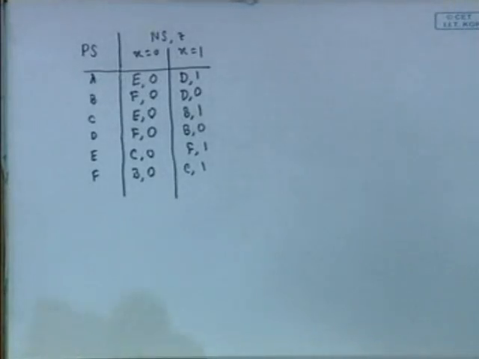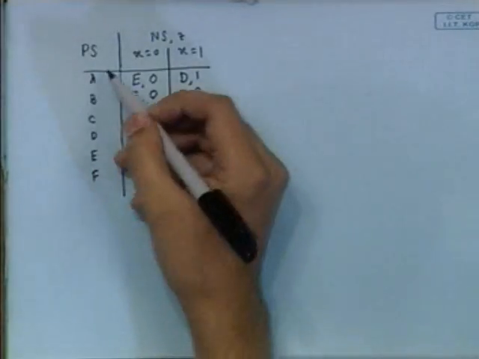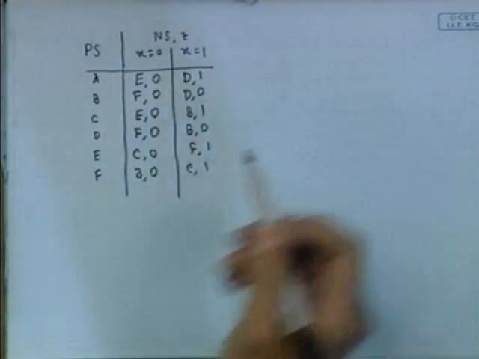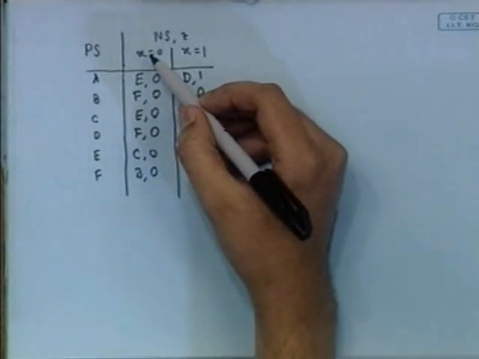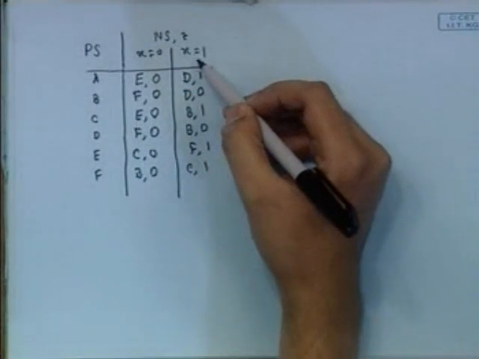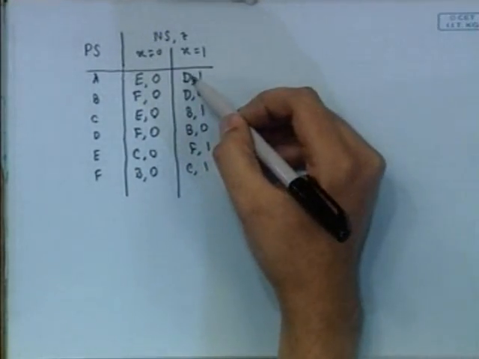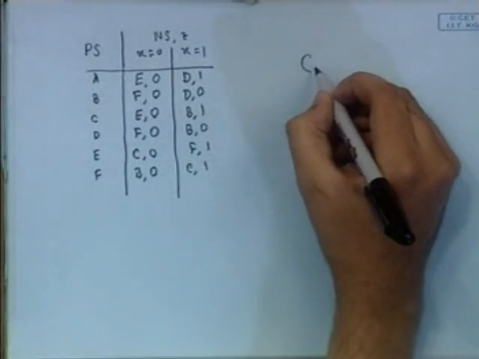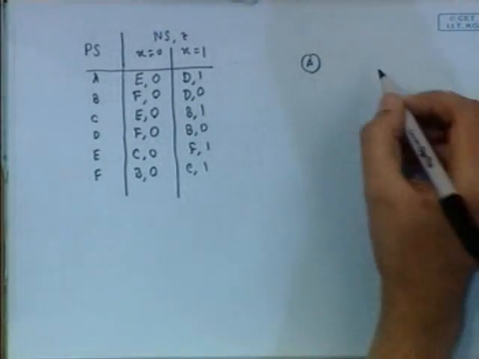This is a state machine where present states are denoted by this column, and x equal to 0 means these are the zero successors of these states, and x equal to 1 means these are the one successors of these states.